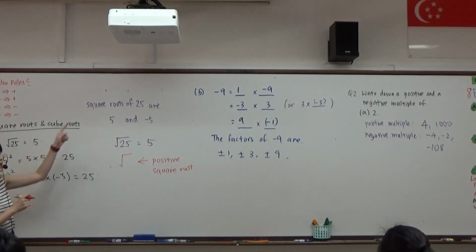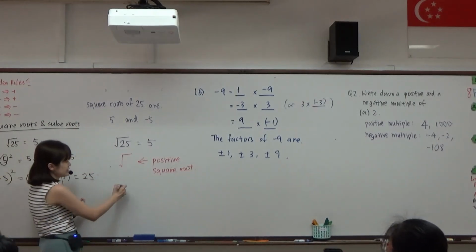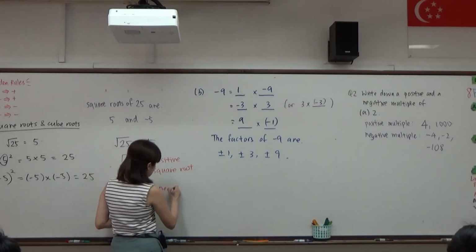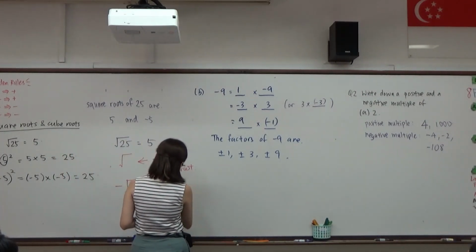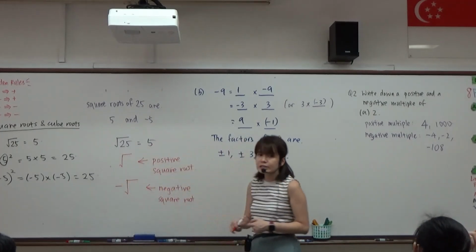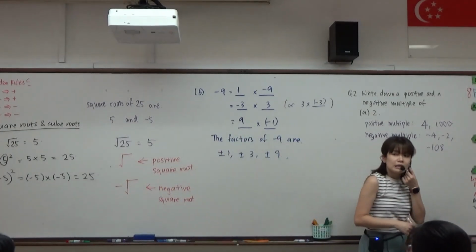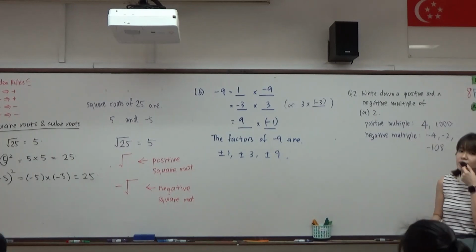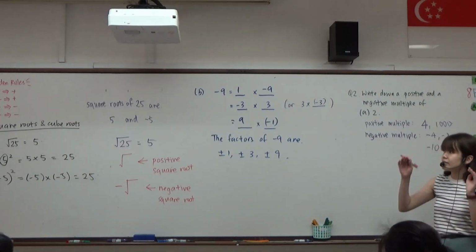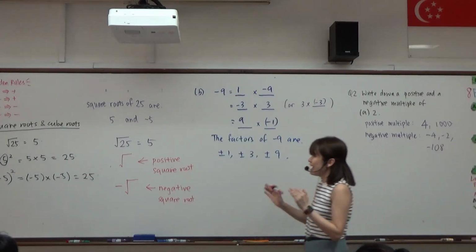If I want to get the negative 5, I must have the negative square root. So it is important that we know that whenever we take the square root of any number, there is always positive and negative.